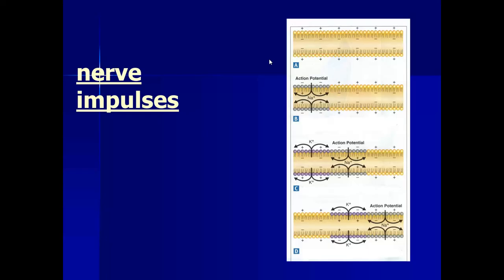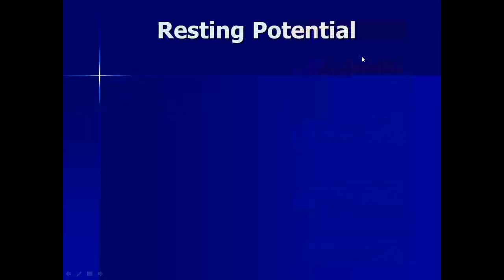Although you heard the resting membrane potential on the animation as negative 60, in IB and in most of the world, in a typical resting potential, the inside of a neuron is more negative relative to the outside of a neuron, and that is approximately negative 70 millivolts.